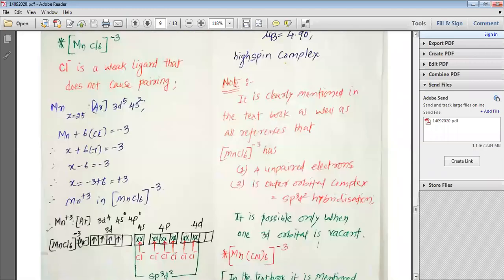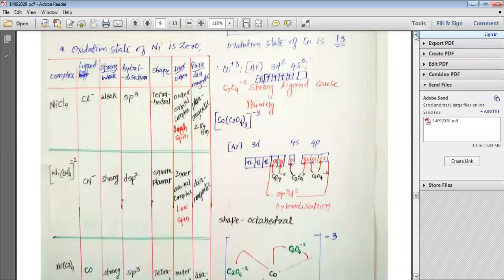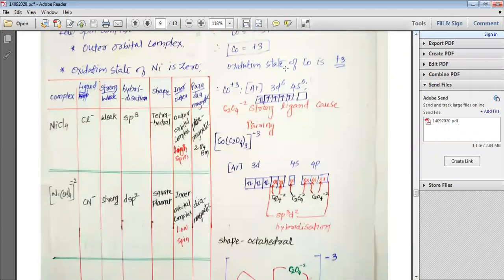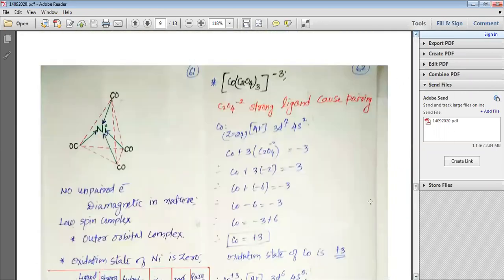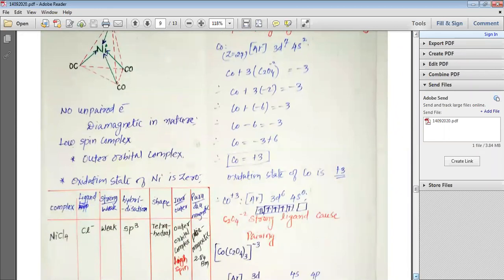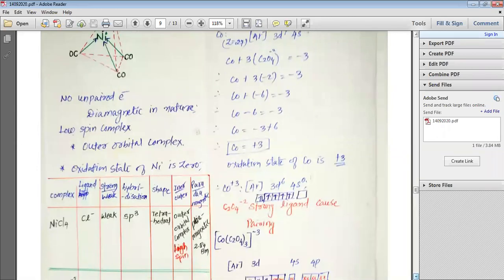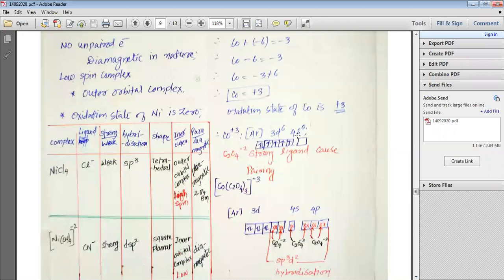So cobalt has Z equal to 27, so it is argon 3d7 4s2. Now if cobalt turns into cobalt plus 3, 3 electrons have been removed, so 2 electrons from 4s and 1 electron from 3d have been removed. So cobalt plus 3 we would write as argon 3d6 4s0.